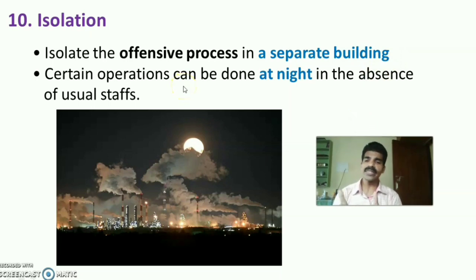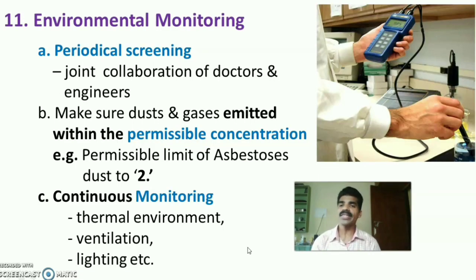In addition to that, certain operations or activities in the industry can be done at night, when there are fewer employees or workers on the night shift. So certain operations can be done at night in the absence of the usual number of workers and staff. This is called isolation.